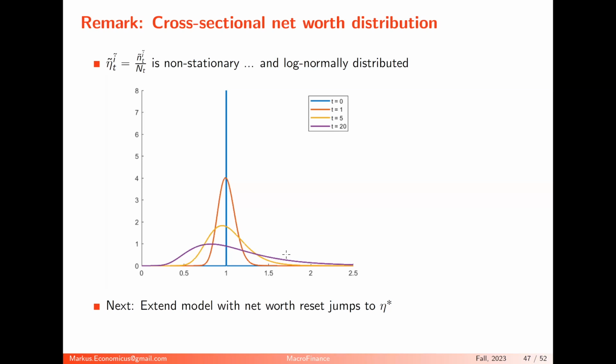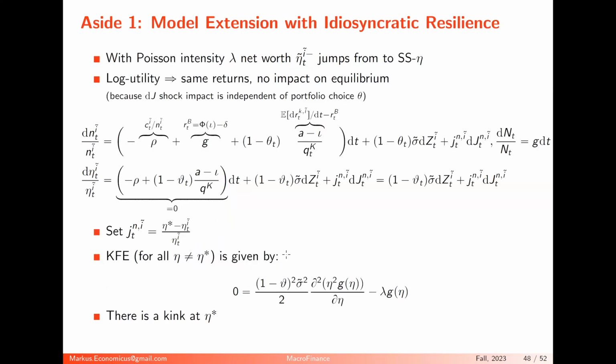Yes. So what you can do is generalize the model with an individual Poisson arrival rate, an individual shock. People have idiosyncratic Poisson shocks where the wealth is moved back to the steady state wealth.